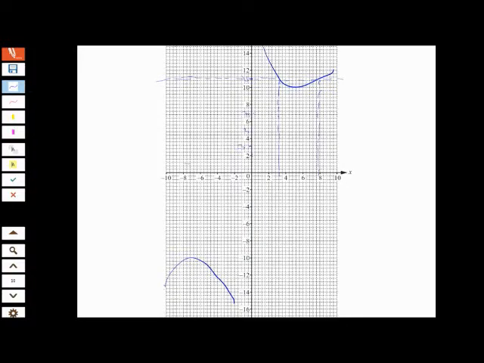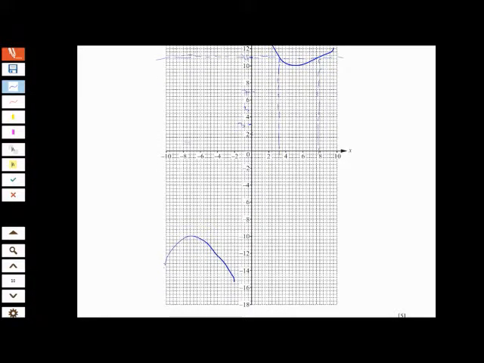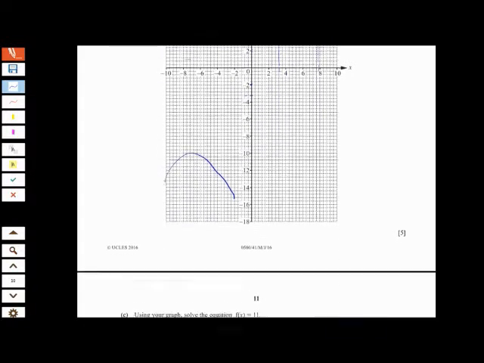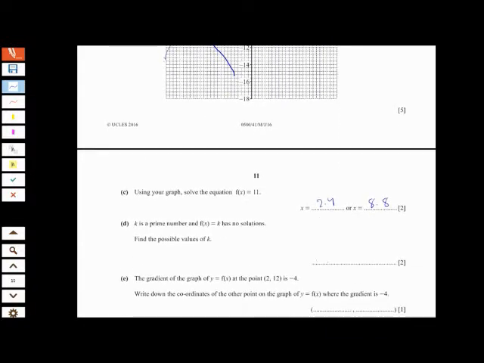So it stops at 7. But it's the same thing from here as well, for negative 2, negative 3, negative 5 and negative 7, because there are no solutions here as well. So the answer would be positive and negative 2, positive and negative 3, positive and negative 5 and positive and negative 7.